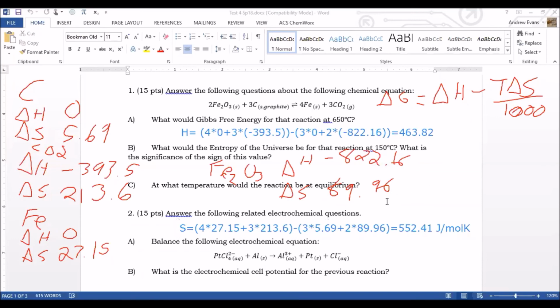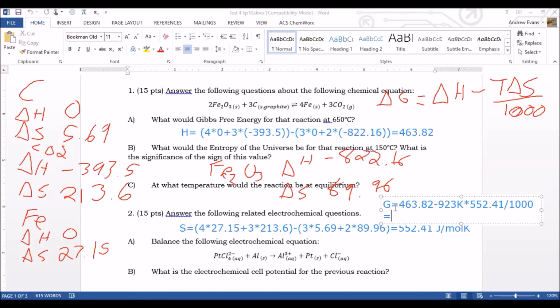So finally, calculate the delta G at 650. Delta G equals 463.82 minus, what's the temperature? Not in Celsius, but Kelvin. 650 plus 273 is 923 Kelvin, times 552.41 divided by 1,000. So delta G is, do all this.